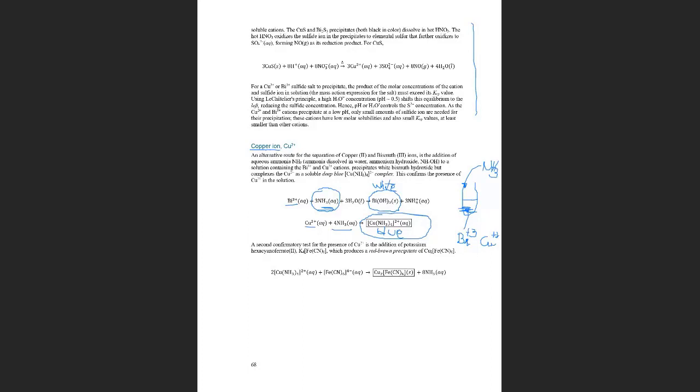So then you are going to perform two other confirmatory tests. For the copper, that is a blue solution, you are going to add hexacyanoferrate, this compound, and the color, this was blue, is going to change into a red-brown precipitate. And then you're going to say, oh, if this is blue and the blue turns red, yes, I have copper. And what happens with the bismuth?